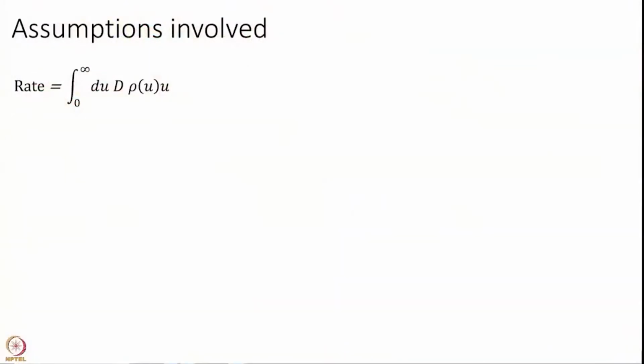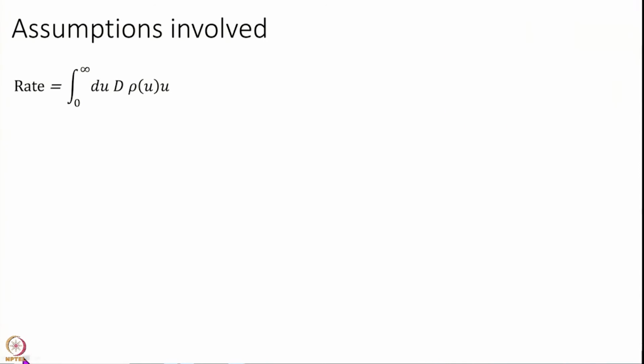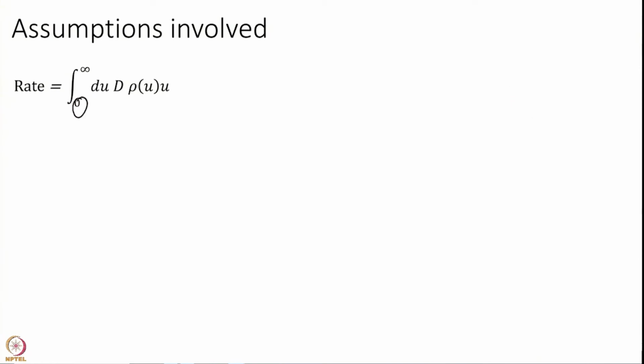Okay, so this is the expression I get: rate is equal to an integral, and I had forgotten to do one very important thing, which is the limits. We are only looking at positive speeds. So, our integral goes from 0 to infinity, all cars that are moving with positive speeds. These limits are very important.